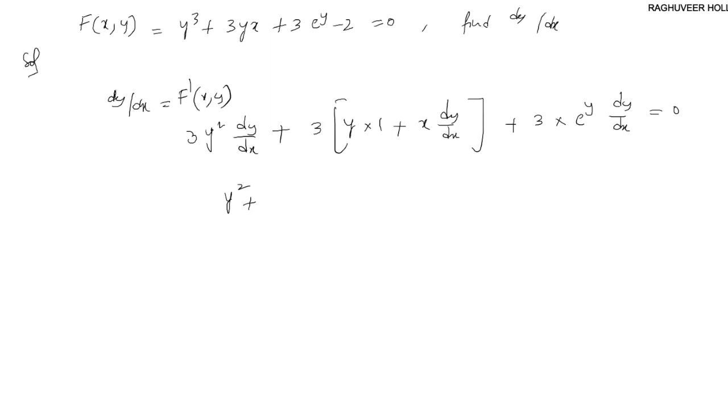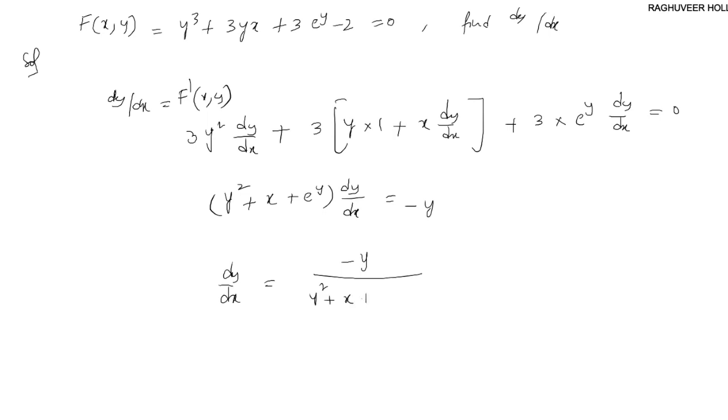Okay, so let us take dy by dx common, so we get y square plus, here 3 can be removed, y squared plus x plus e to the power of y multiplied dy by dx, which is equal to minus y.